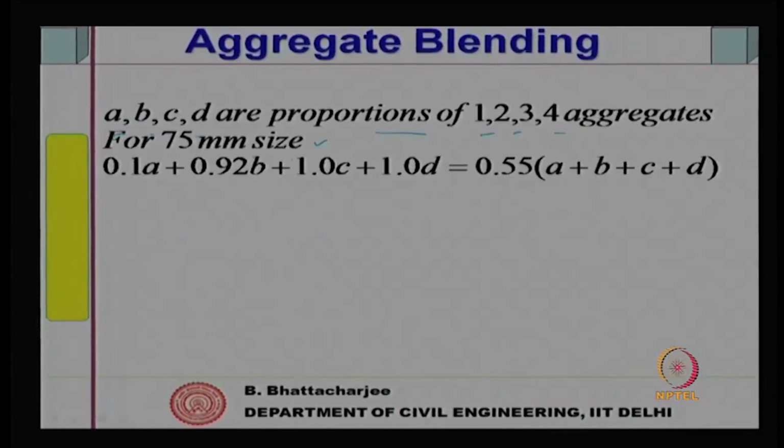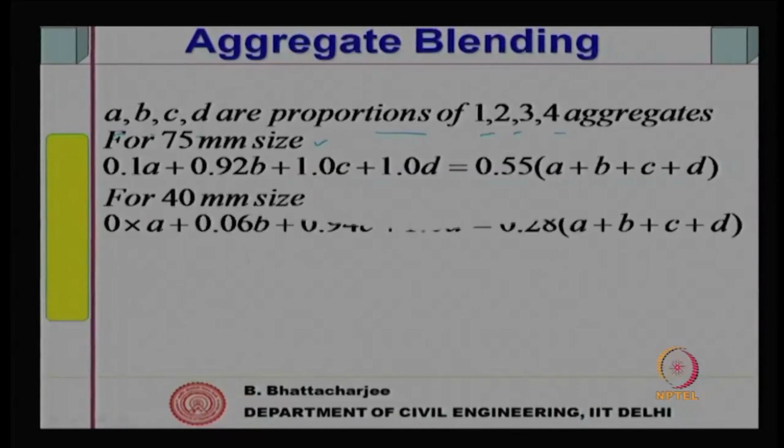So, I put the equation for 75 mm size: 0.1 A, 0.92 B, 1.0 C, 1.0 D, because 100% was passing through them, must equal 0.55 (A + B + C + D). Similarly, for 40 mm size, there is nothing for A, only 6% for B, 94% of the C aggregate passing through 40 mm, and 100% passes for D aggregate, and desirable is 0.28.